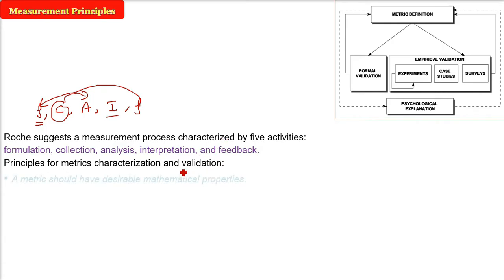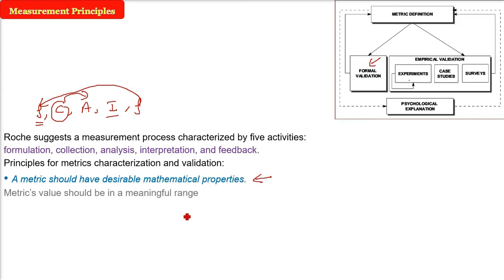So for metrics, there are certain principles also, on how to characterize a metric and how to validate these metrics. Because a metric cannot be just thought up in a dream. You have to have certain properties for a metric. For example, a metric should have desirable mathematical properties. It cannot be subjective. A metric value should have a meaningful range.